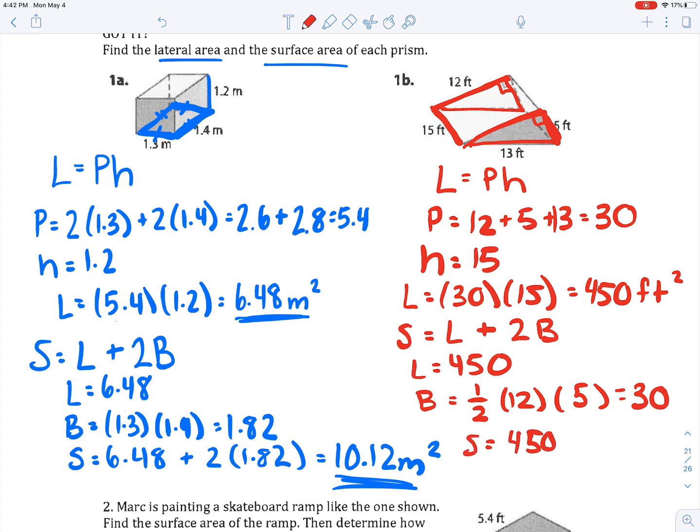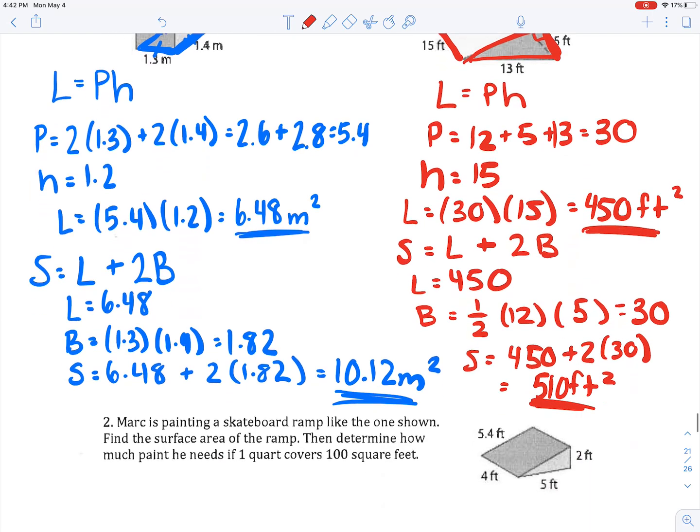Lateral area plus 2 times the area of the base. That gives 510 feet squared. So again, two answers, lateral area and surface area.